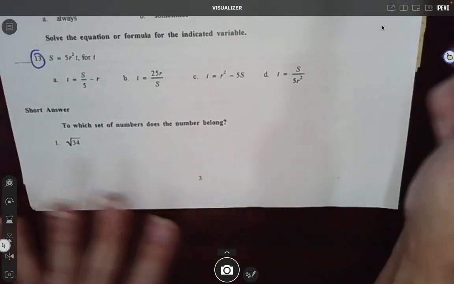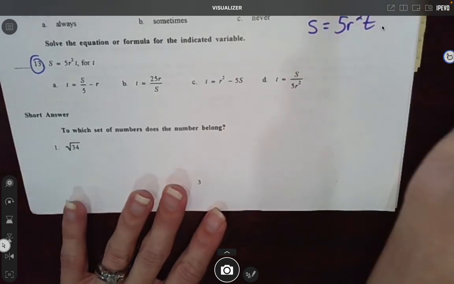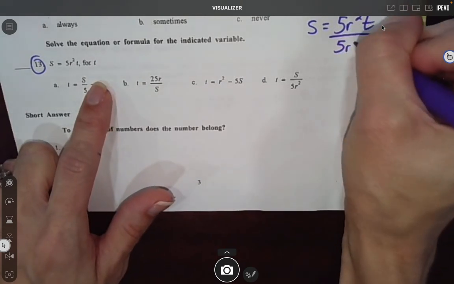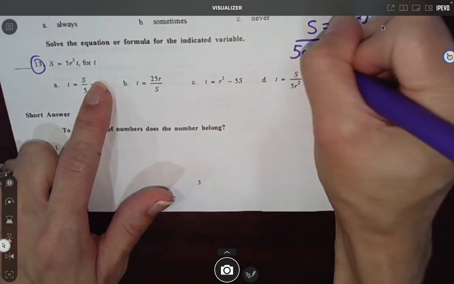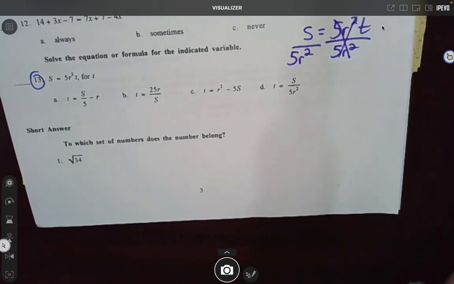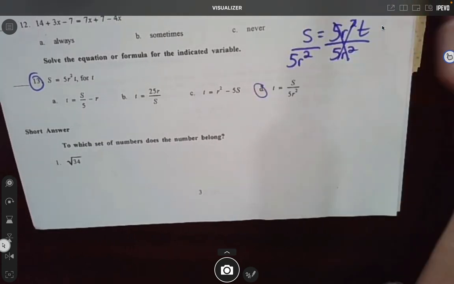So how do I solve if S equals 5r squared t? It's the same problem from last time. To solve for t, divide by 5r squared. Do y'all see your answer? S divided by 5r squared. It's D. Write that down.